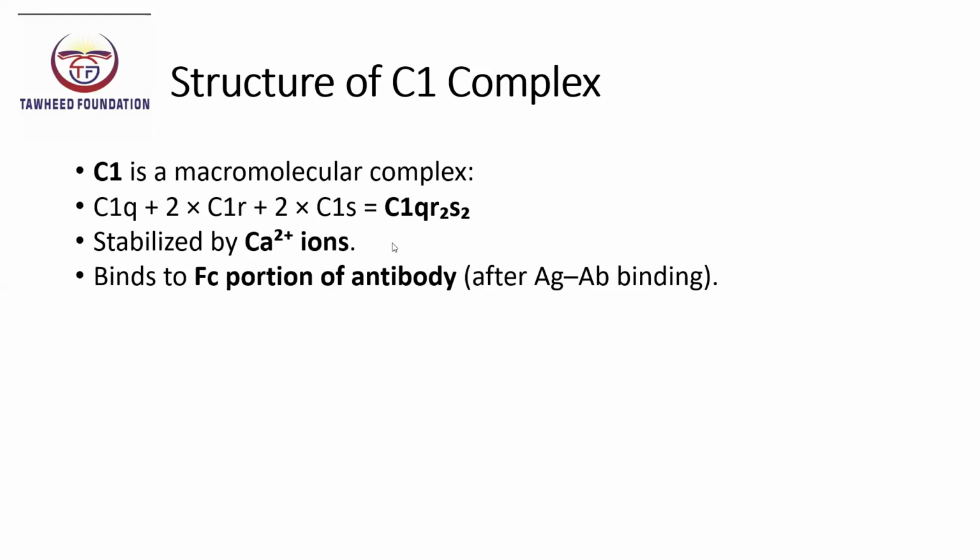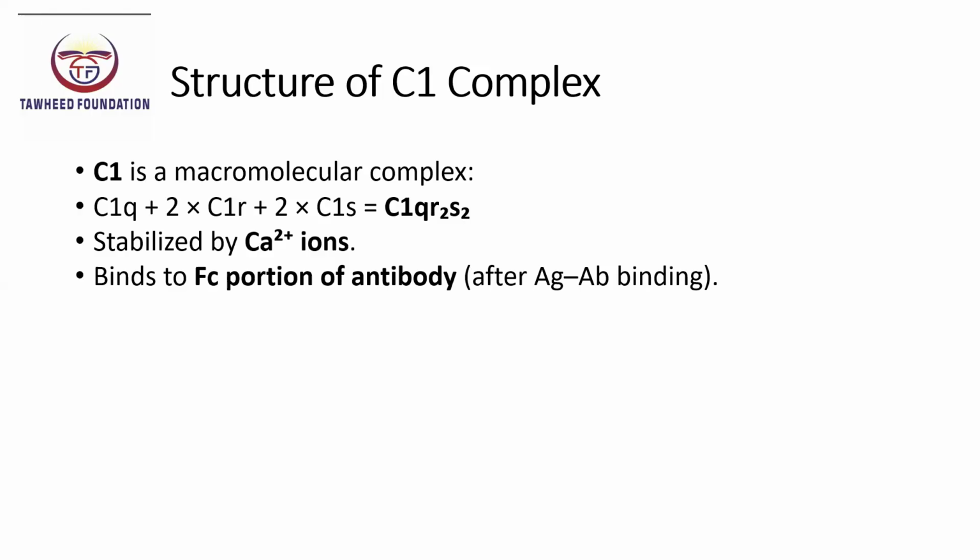C1q acts as the recognition unit, binding directly to the Fc region or portion of the antibody that has attached to the antigen. C1r and C1s serve as enzymatic components responsible for the downstream proteolytic activation of other complement components.